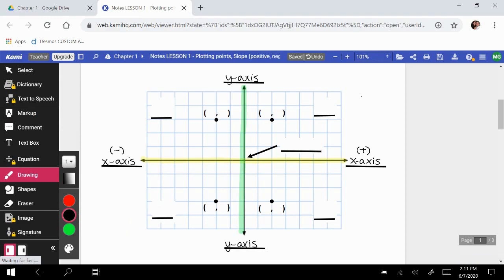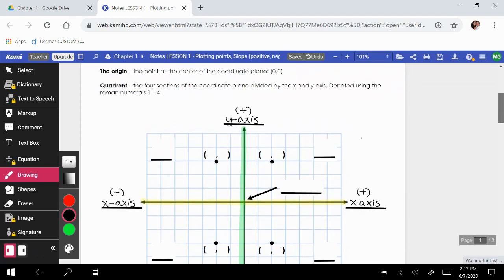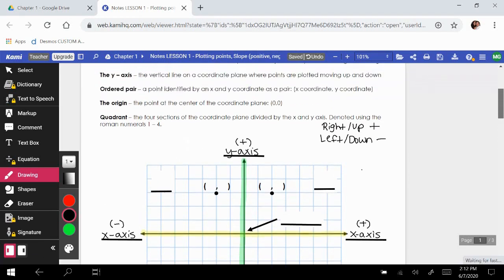If you move up on the y-axis, those are going to give you positive y values, and if you move down on the y-axis, that's going to give you negative y values. So just keep in mind, anytime we're moving to the right or moving up, you're going to have positive numbers. Anytime you move to the left on a coordinate grid or down, you're going to have negative values.